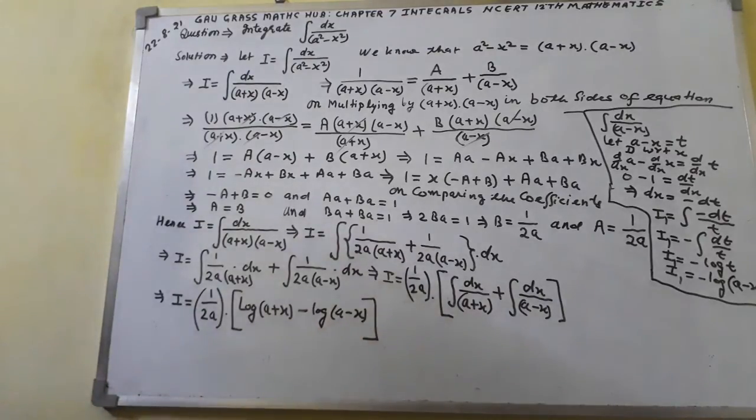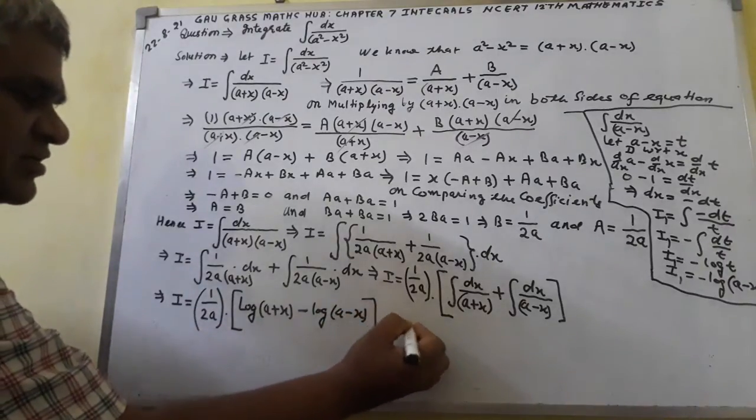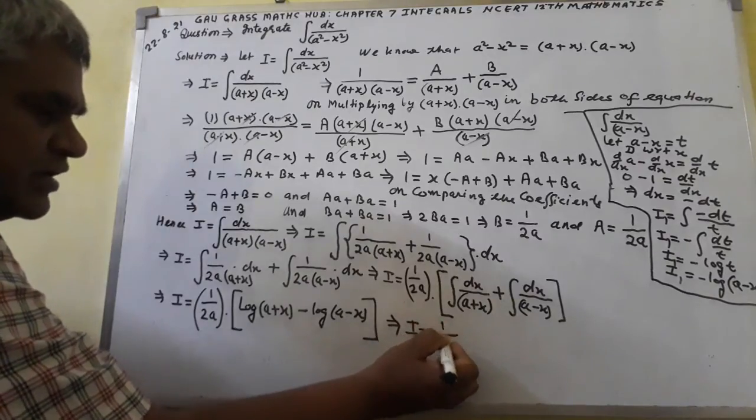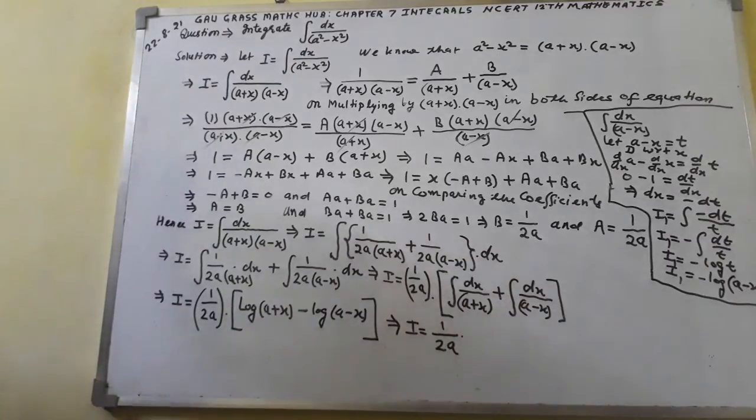Now what to do here? So here again we shall get, implied that I equal to 1 over 2a dot.